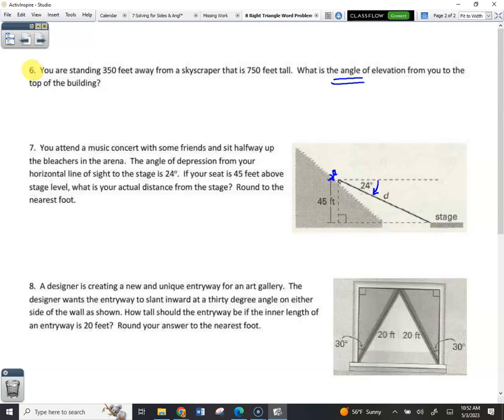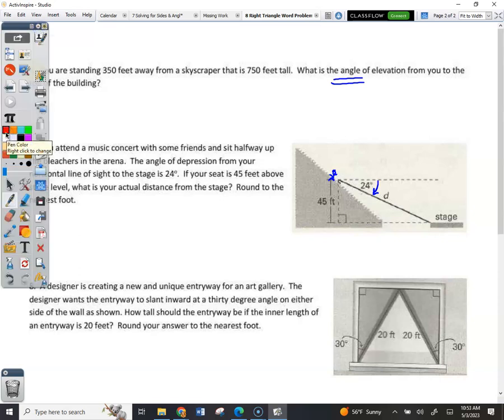Alternate interior. So this is what I was talking about. The angle of depression trips people up because they tend, let me show you with red, they tend to put it here, in the top of the triangle, which would imply I'm already looking down, and then I look straight down at my feet.